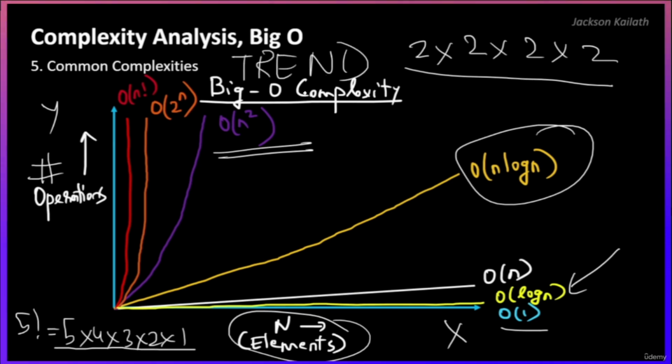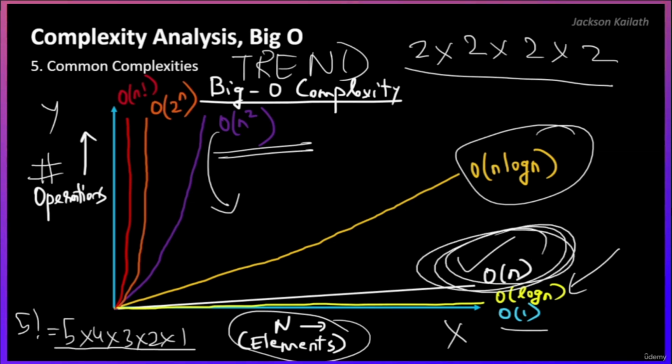So if you have an algorithm that has a time complexity of O of n, and then you have another implementation for the same question, and that algorithm has a time complexity of O of n square, then you should be able to understand that this implementation is much better, because as the input size is increasing, the number of operations to be done is increasing at a much lower pace than the implementation where the time complexity is O of n square. So by finding the time complexity of an algorithm, we can compare that algorithm with another algorithm. Maybe both of them are solving the same question, and we can identify which algorithm is better.